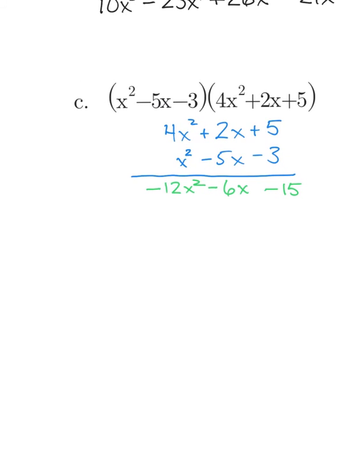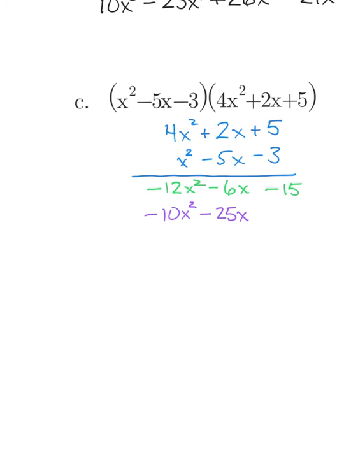Now let's go ahead and multiply by the negative 5x. And so if we multiply by negative 5x, what we're going to end up with is negative 5x times 5 is negative 25x. We multiply negative 5x times 2x, and we get negative 10x squared.